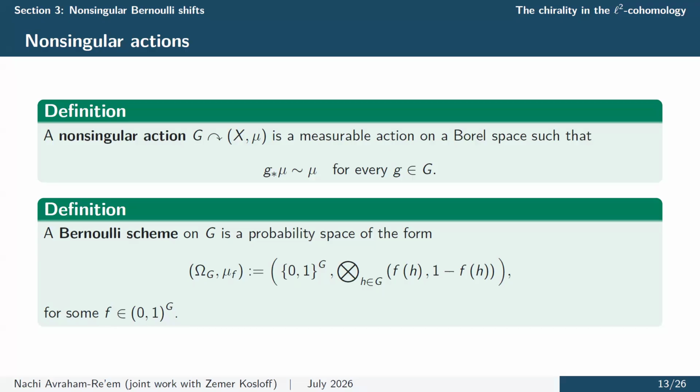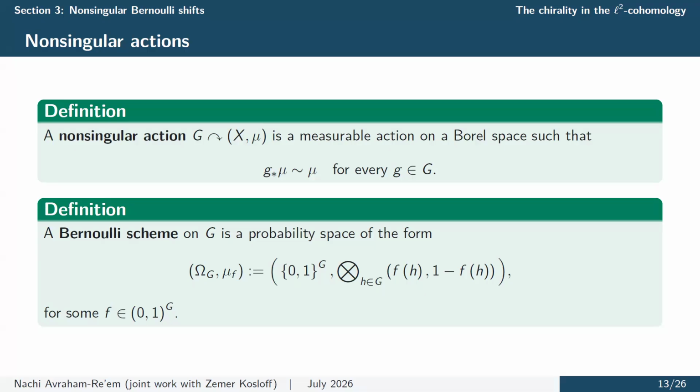Or f is constant and equals p for some p between 0 and 1, of course, we get just the product measure (p, 1 minus p). But here we allow f to vary with the coordinate. So it's independent coordinates, but not necessarily identically distributed. So this is what I mean by a Bernoulli scheme on the group G.